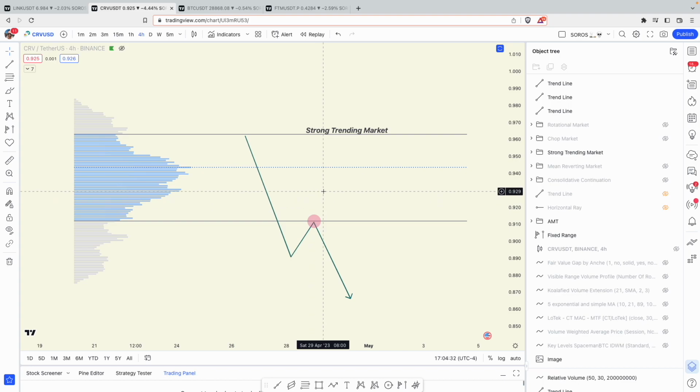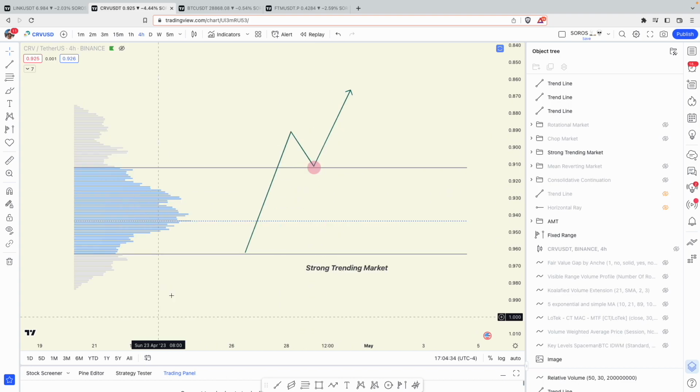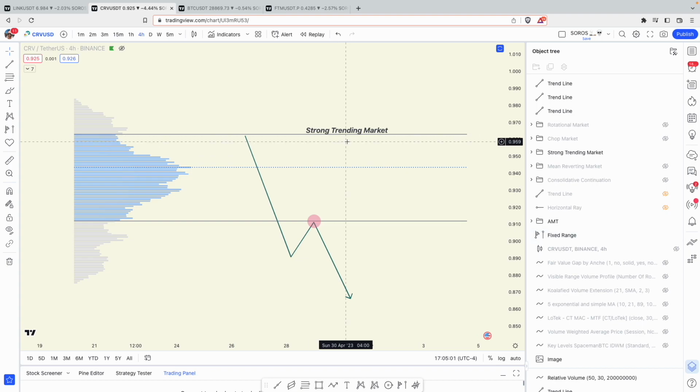Or inverse, if you flip the chart and you have a strong uptrending market, if it breaks right through the value area, how does it behave when it does a corrective retracement back into the value area high? If it holds and it shows a lot of support, where you could see on the histogram the volume spikes again, then you're anticipating a push in the strong trend or the direction. So that's your strong trending market.